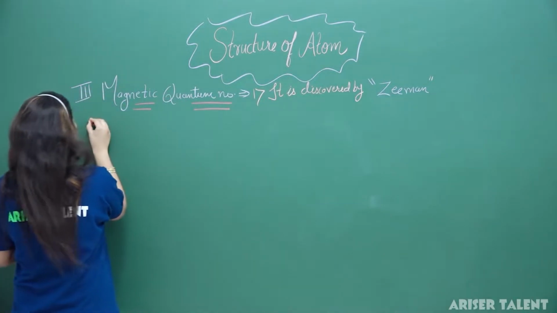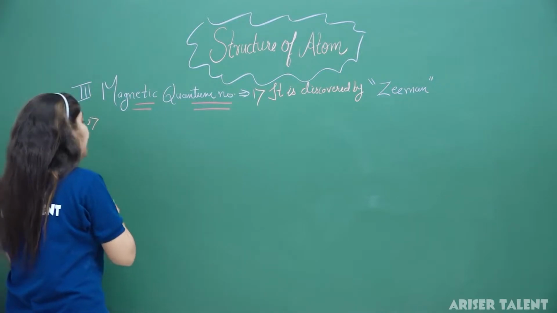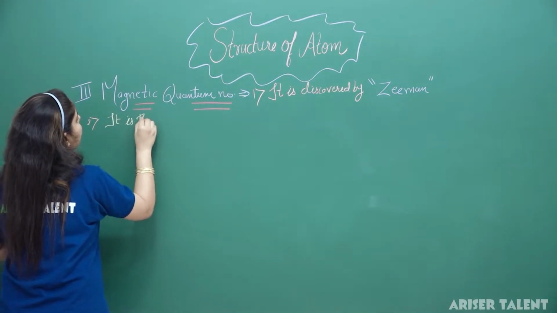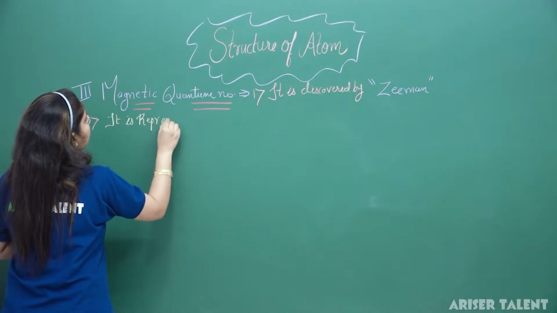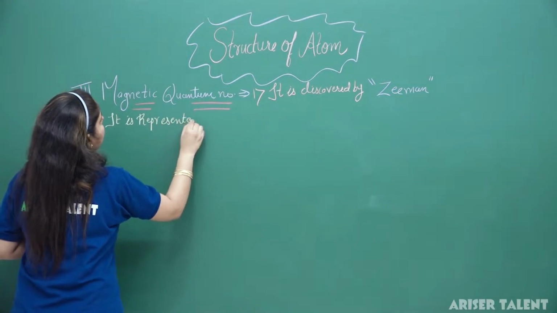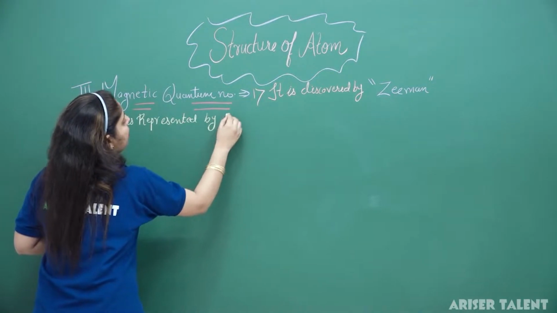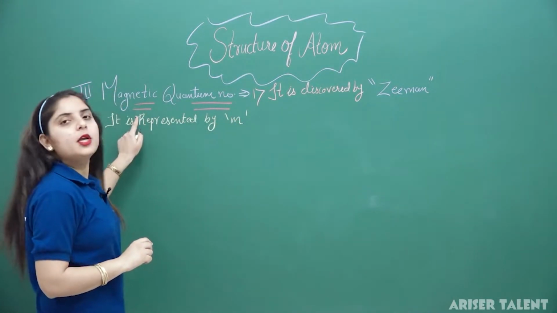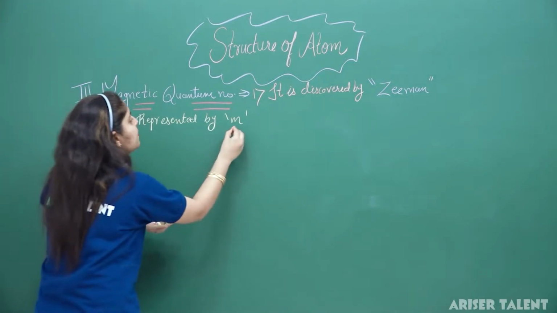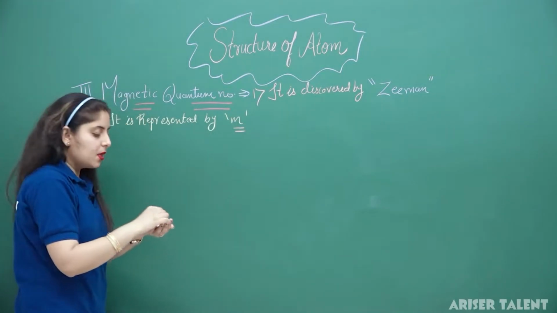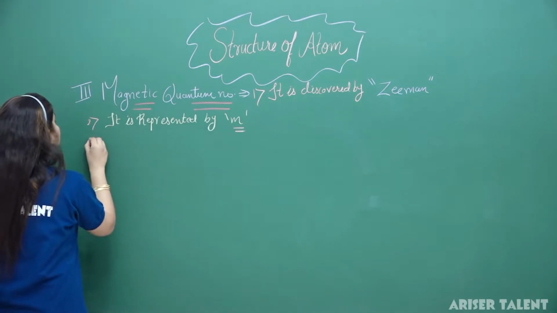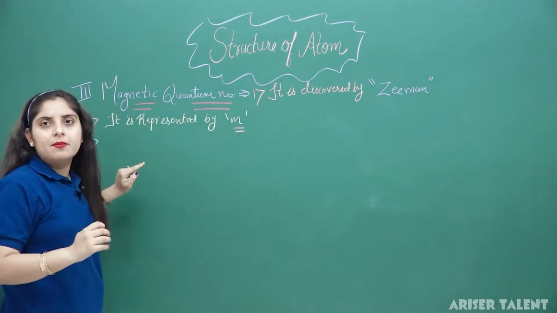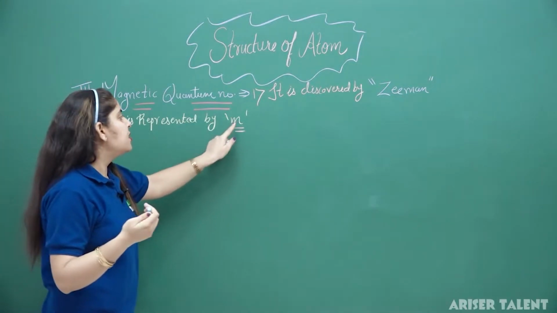Secondly, magnetic quantum numbers are represented by small m. Because these are magnetic quantum numbers, we will represent them by the symbol small m. Now, our third point of consideration: it is discovered by Zeeman, and its symbolic representation is small m.